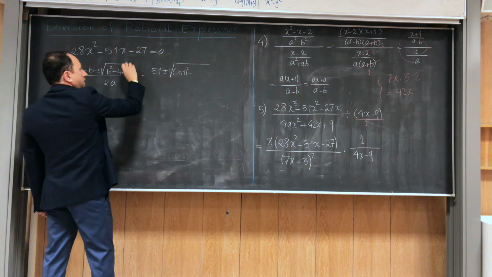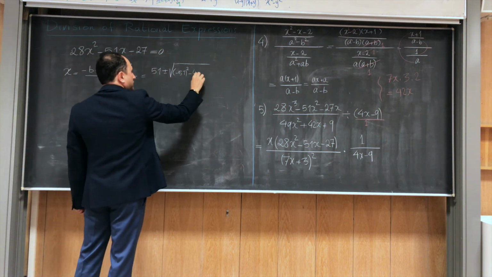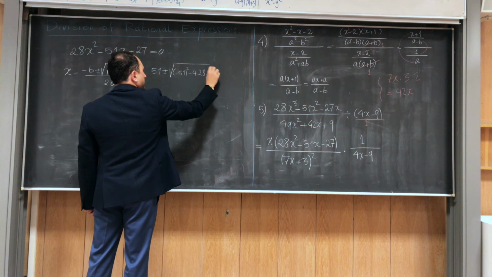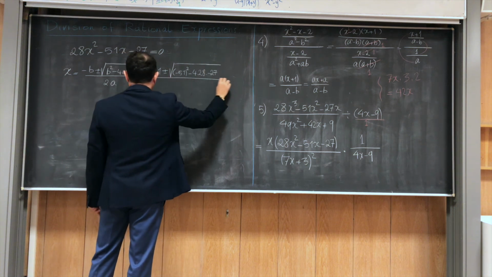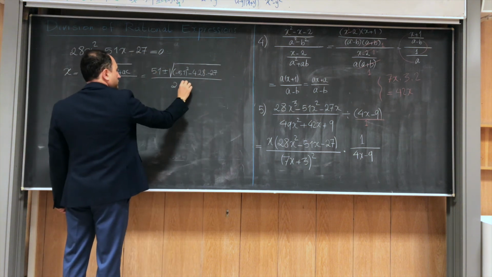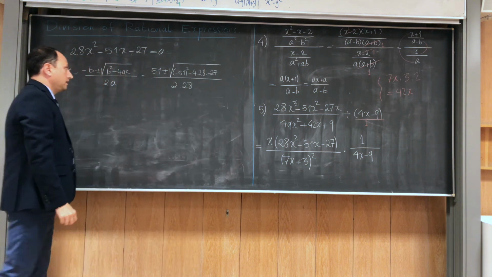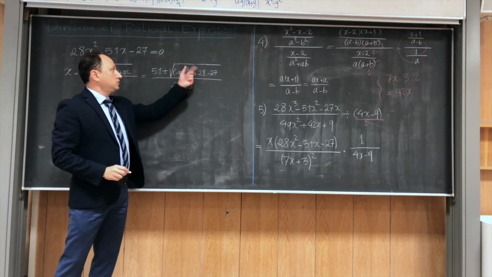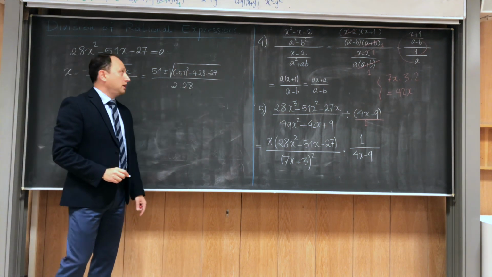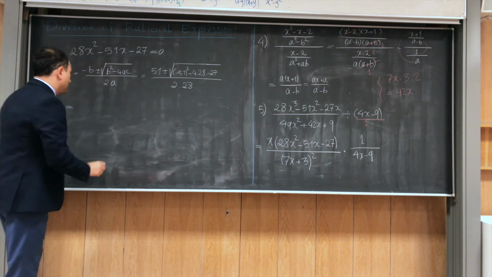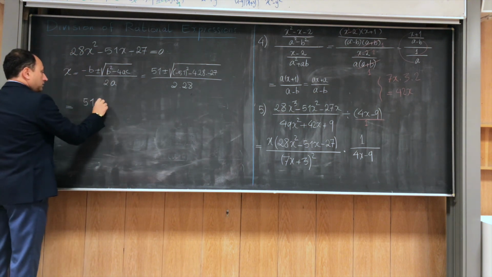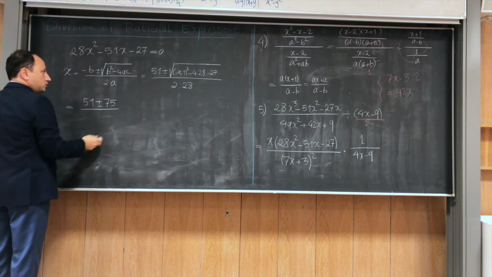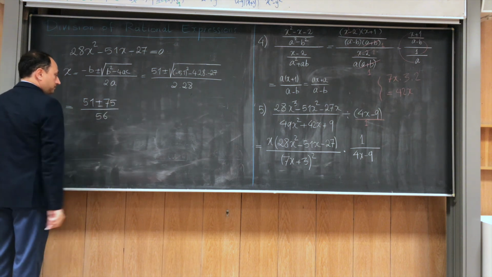But there's a negative sign here, so let me write minus 4 times 28 times minus 27, and then divided by 2 times a, which is 2 times 28. Yeah, I did this calculation before I started the video. The square root of this number becomes 75. So this becomes 51 plus or minus 75 divided by 2 times 28, which is 56.